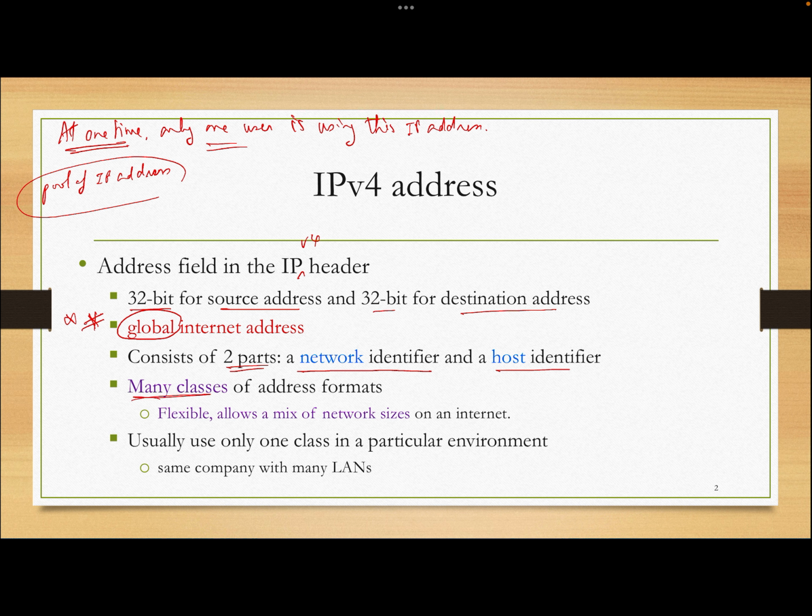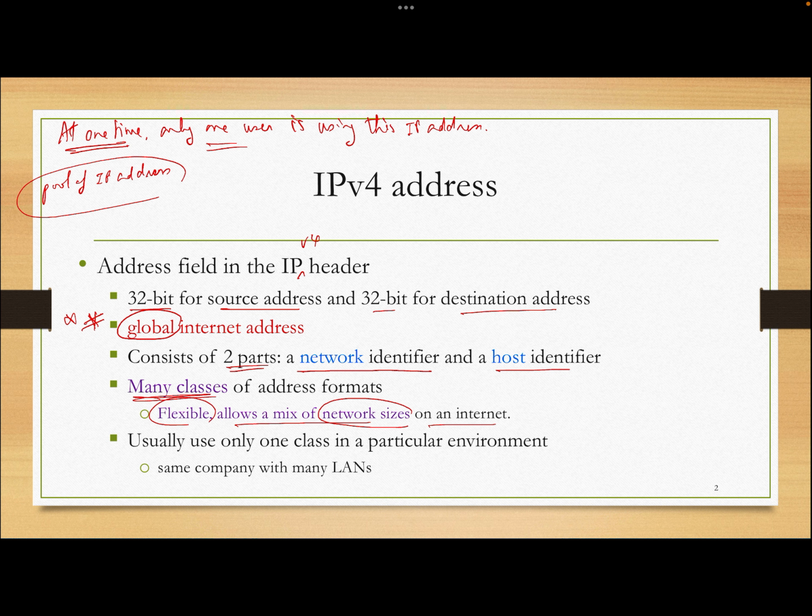There are many classes of IPv4 addresses to make it flexible and to allow a mix of different network sizes on the internet. Because there are many network sizes, right? Sometimes a network is small, sometimes big, and they all want to connect and communicate through the internet.